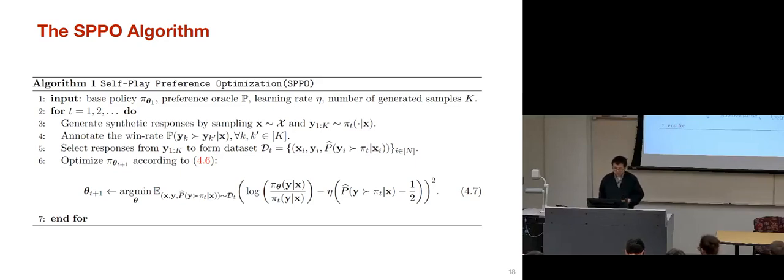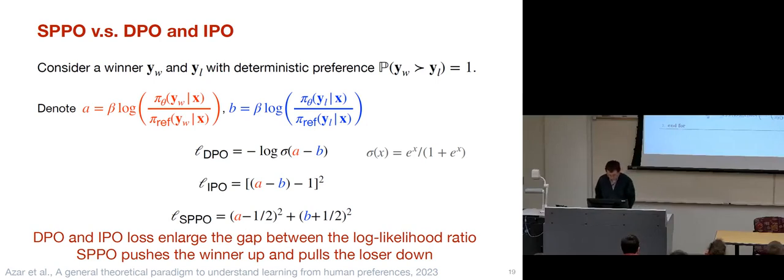And then once we have this estimated comparison probability between the response and the policy, we can just solve this optimization problem in this equation. And then we get theta t plus 1. And this theta t plus 1 is the new model we obtained from the t-th iteration. And then we are going to use this new model to generate the new responses for the prompt. So this is repeated for several iterations.